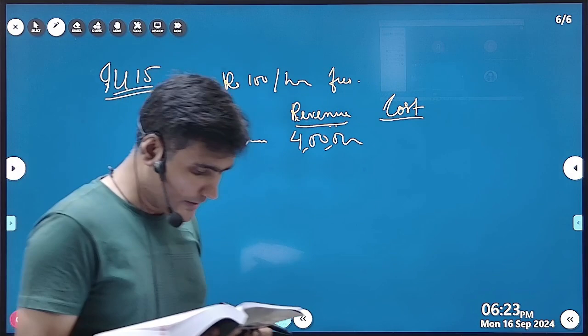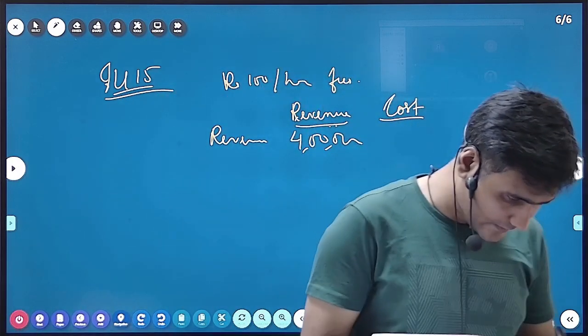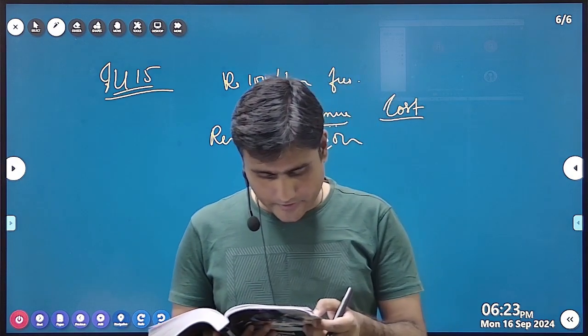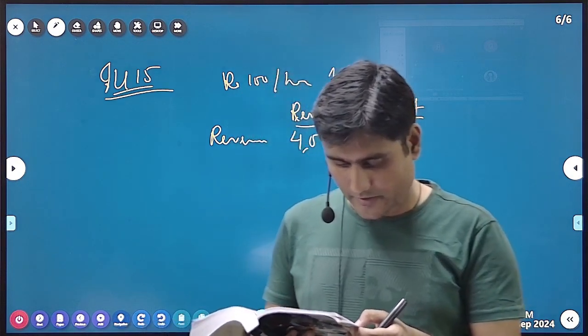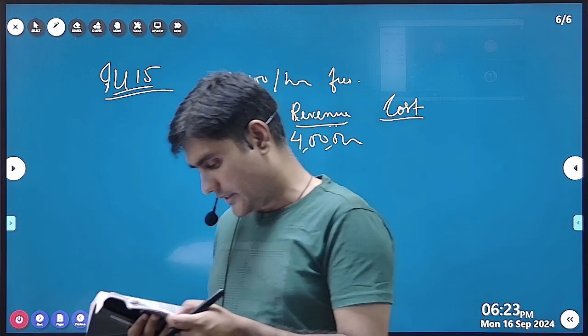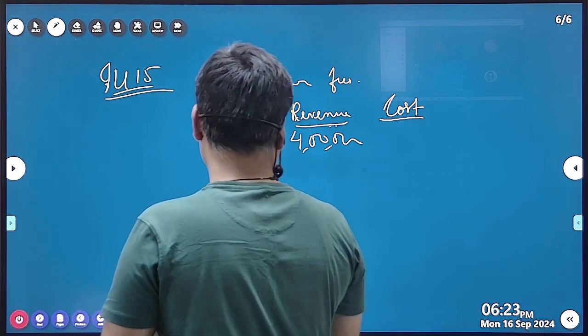The firm uses ABC and the following cost drivers are given. For secretarial support, the cost driver is the number of clients, for tax preparation and tax consulting.